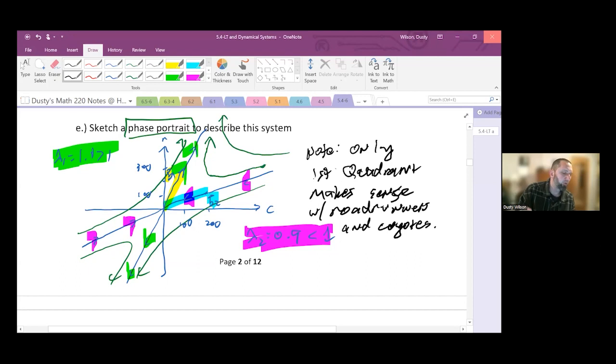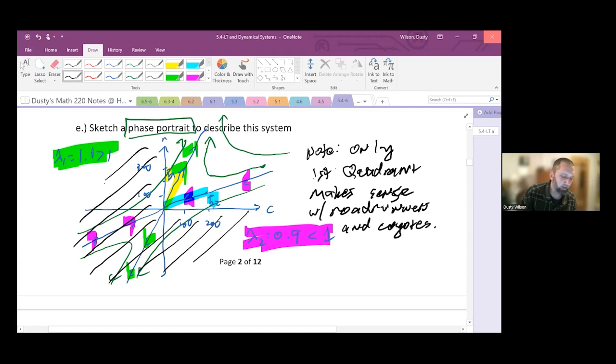Okay. So for this particular question, you could say we don't actually care about anything outside that first quadrant, including the axes. That makes sense in this context, but again, the concept of a phase portrait makes sense everywhere else.